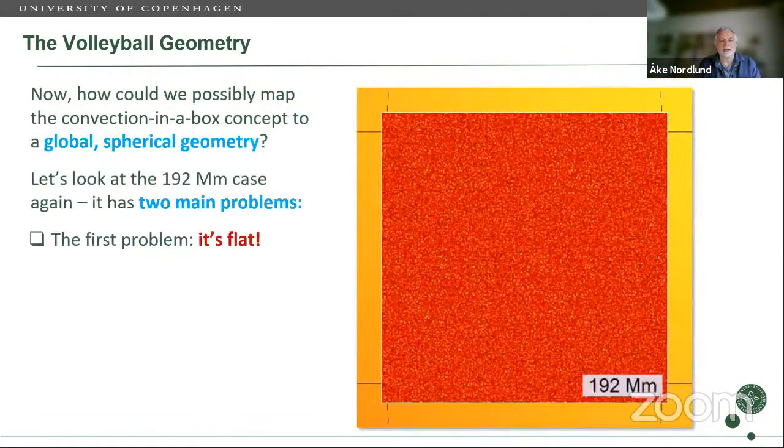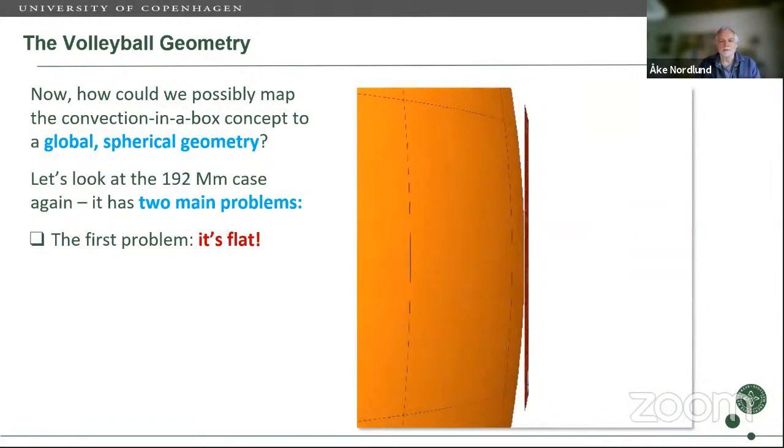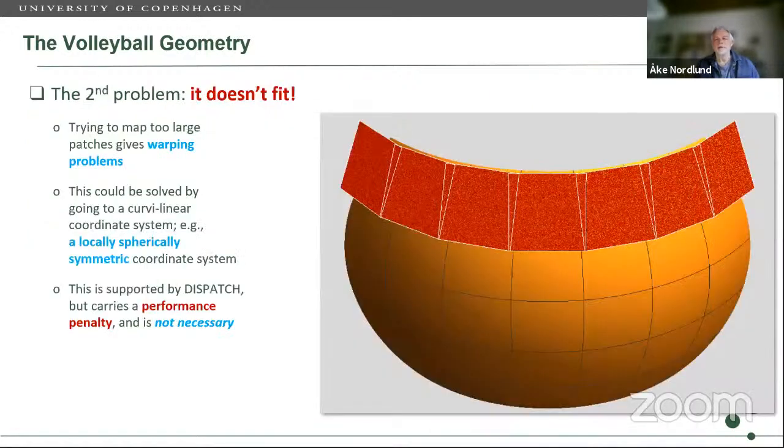Such a box is flat, so it's not really following the surface. And it doesn't really fit. So in order to make it fit along the upper edge, for example, you have to tilt these exactly cubical boxes a little bit. But as long as you have many of them, they must be small. And this tilt is really only a very small effect.